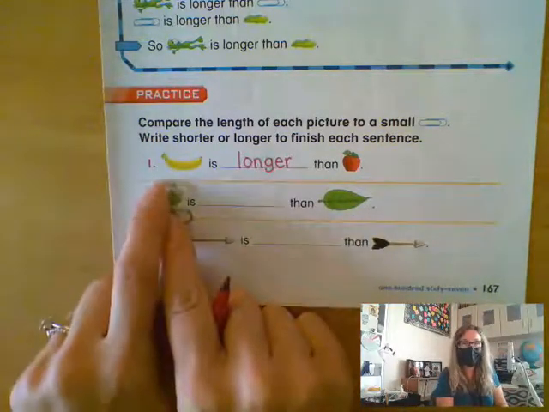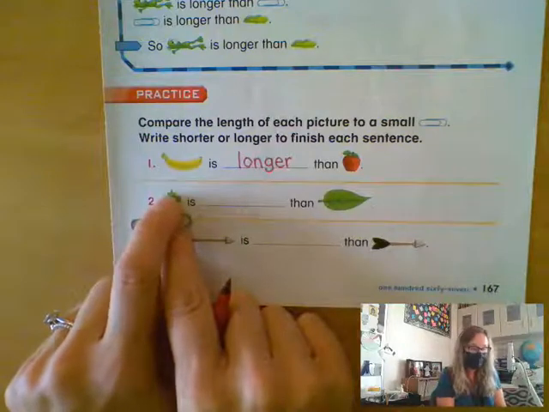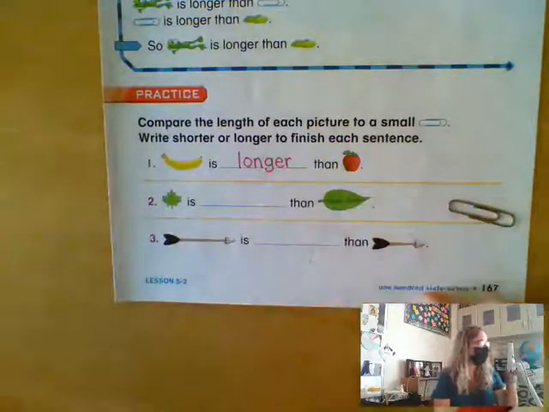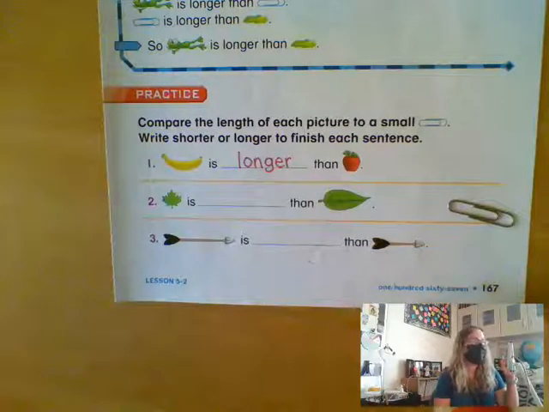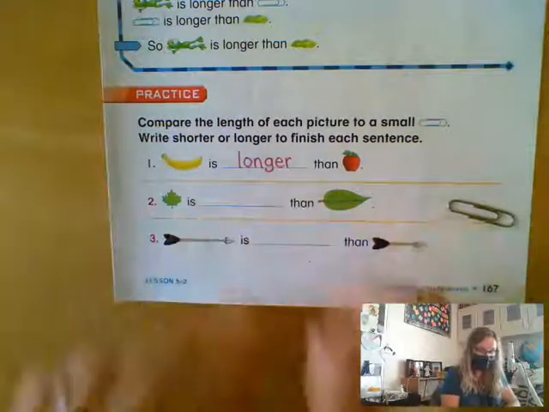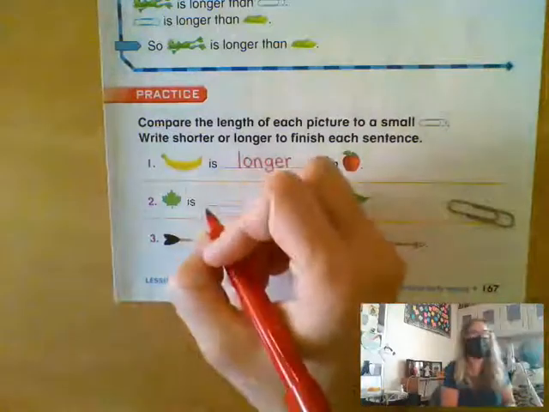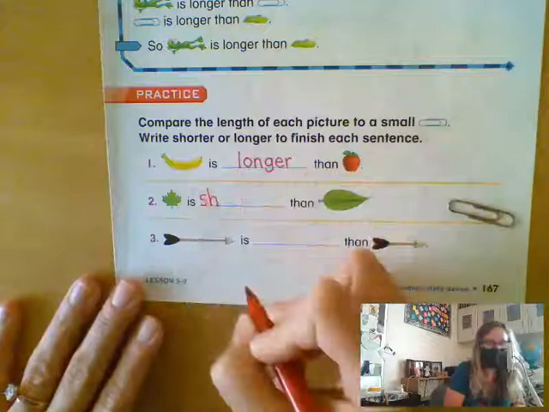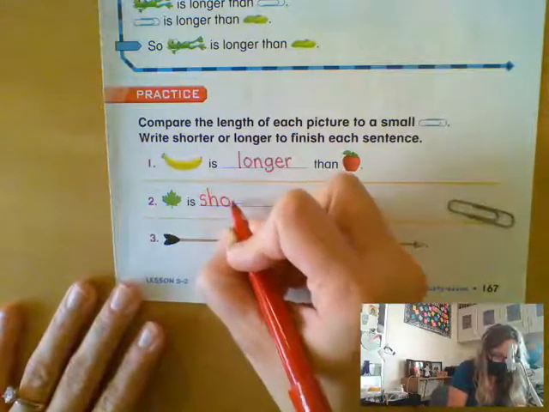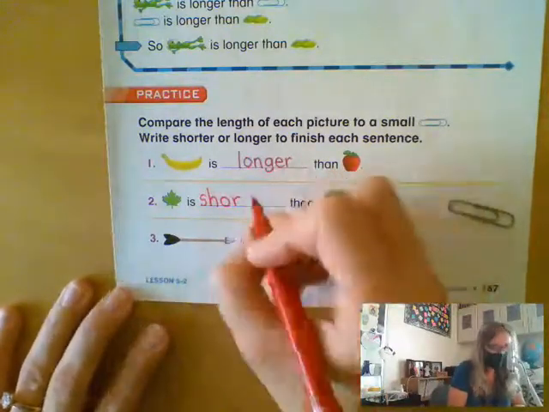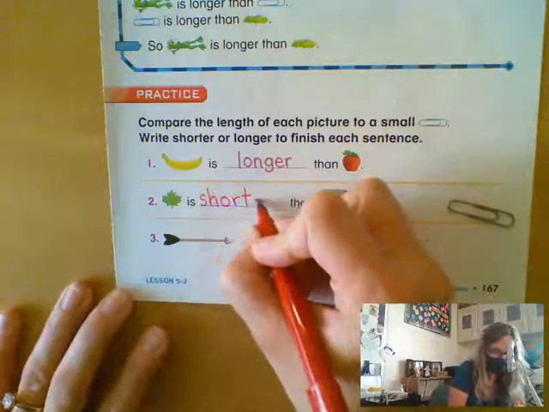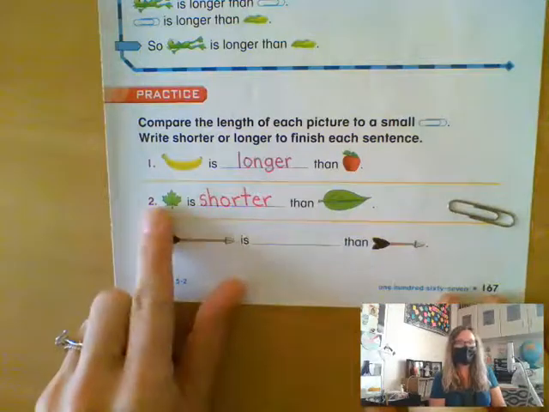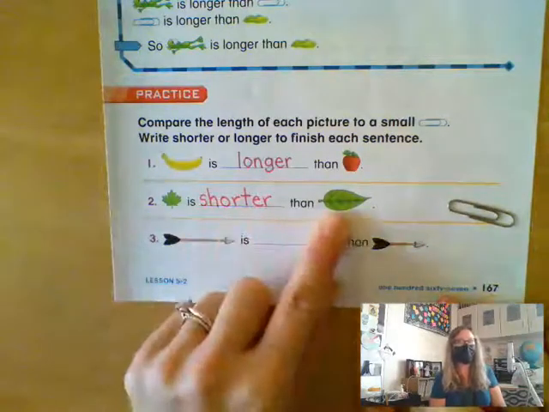So is this little leaf longer or shorter than this leaf? Connor? Shorter. So here we're going to write the word shorter. S-H-O-R-T-E-R. So the banana is longer than the apple. The maple leaf is shorter than the oak leaf.